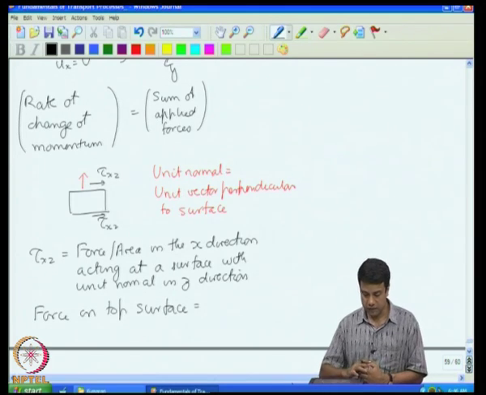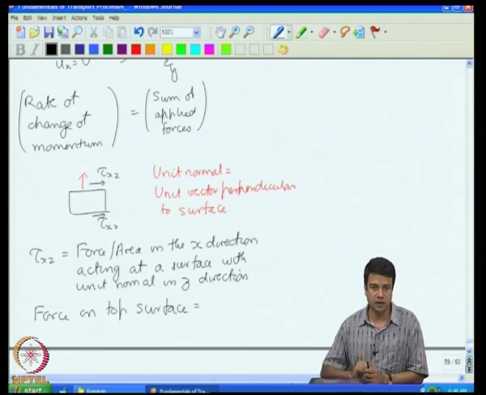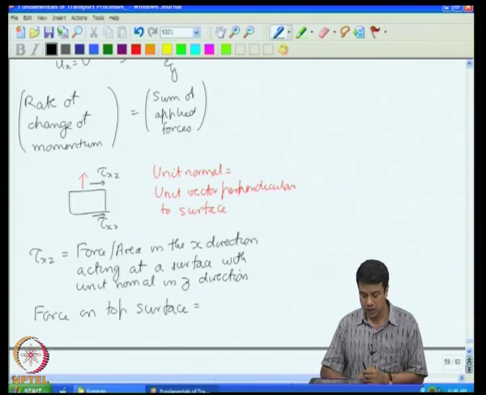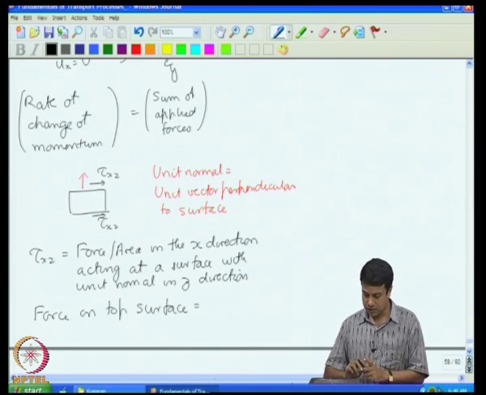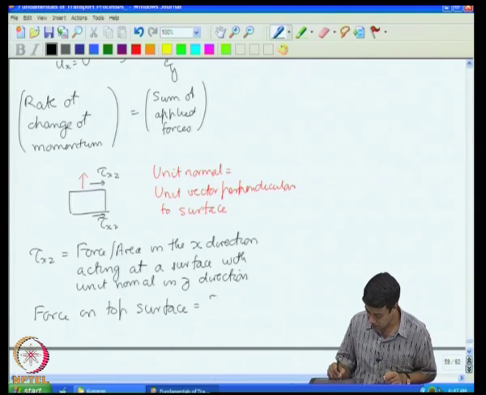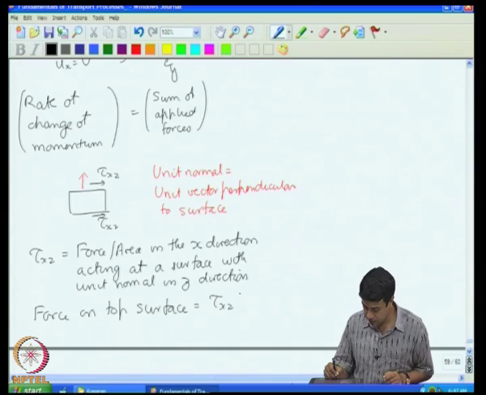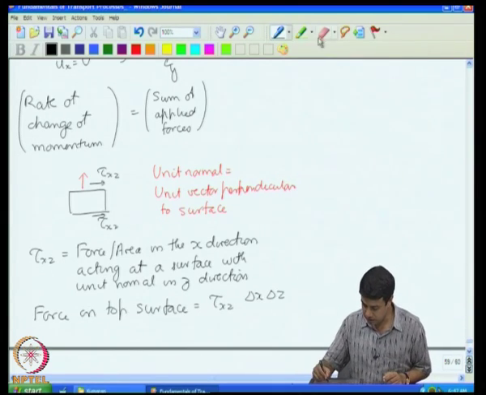I define tau x z as a force in the x direction. We are interested in momentum change in the x direction, so it is appropriate to consider the force in the x direction acting at a surface whose unit normal is in the plus z direction. So, this force on the top surface has to be equal to tau x z times the area of the top surface, delta x, delta y.